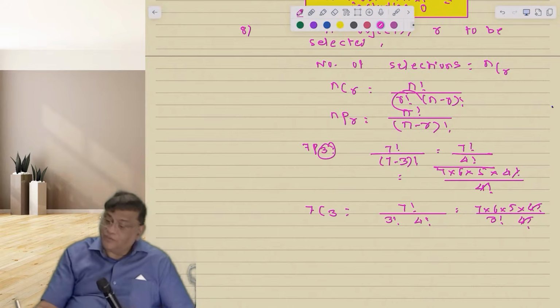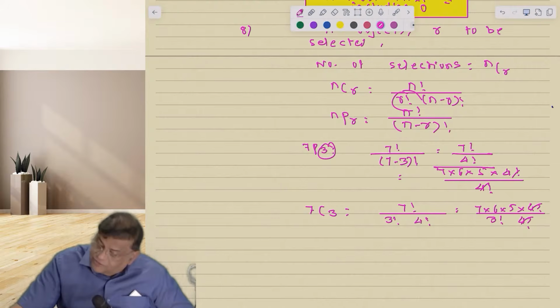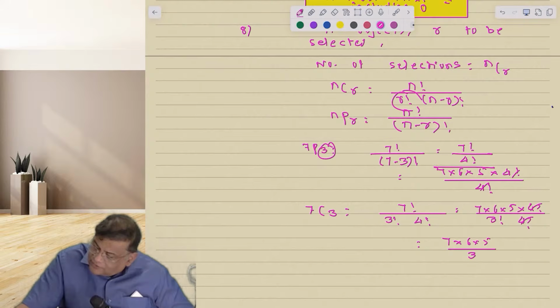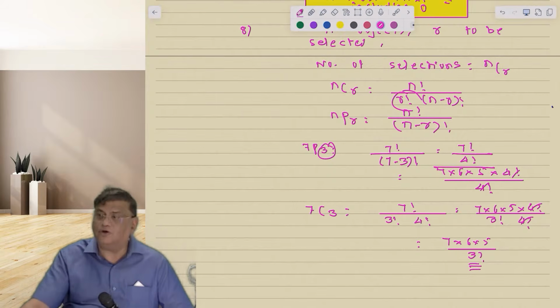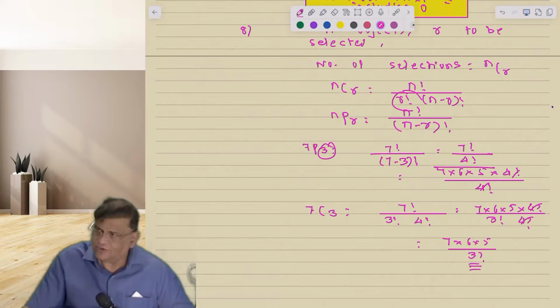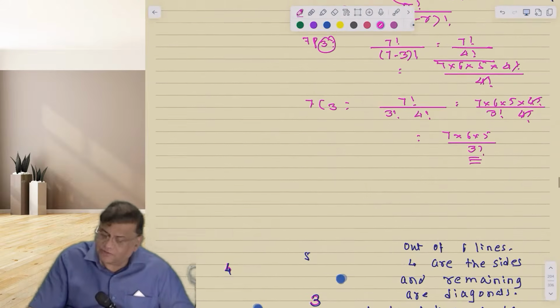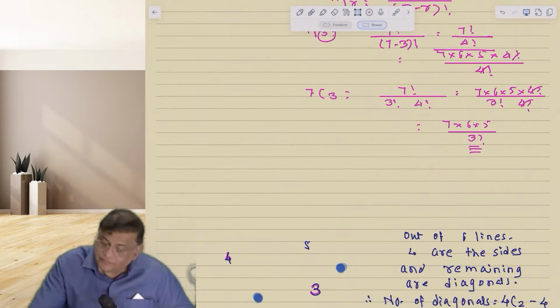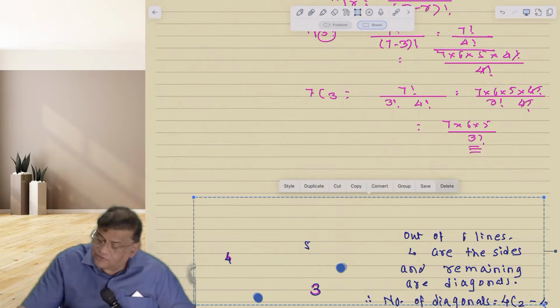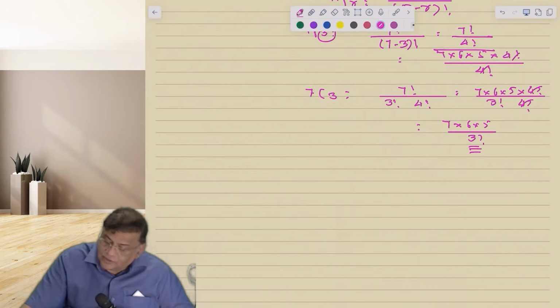All right. Now, therefore, you can see that this is 7 into 6 into 5 over 3 factorial. So, combination contains this 3 factorial in denominator, which was not there in permutation. As such, what happens, point number 9?